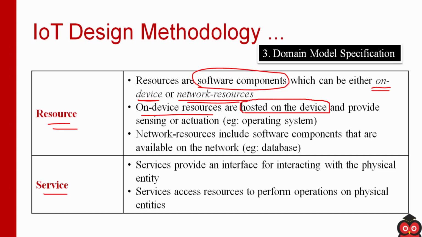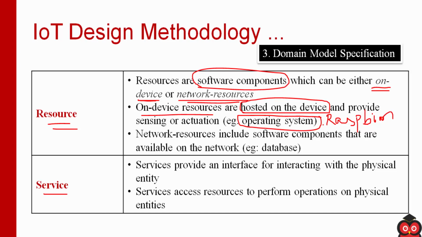I told you examples of devices, right? Raspberry Pi. Let's say the device I am using is Raspberry Pi, and one example of an on-device resource running on the Raspberry Pi is maybe the operating system. Let's say the operating system I am using is Raspbian. That is an example of an on-device resource.